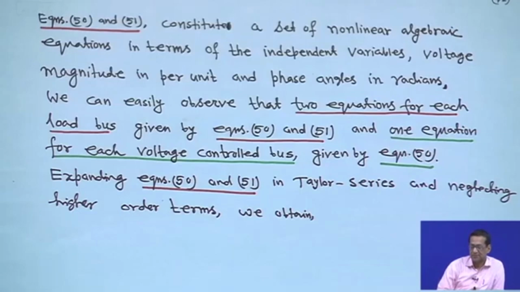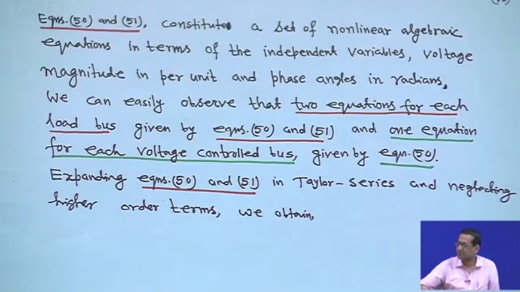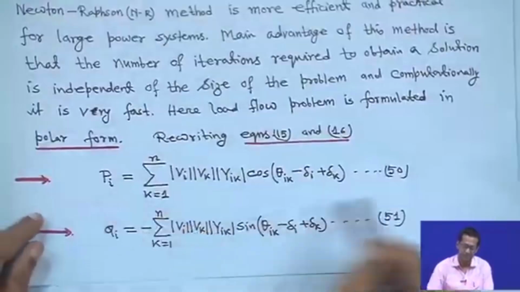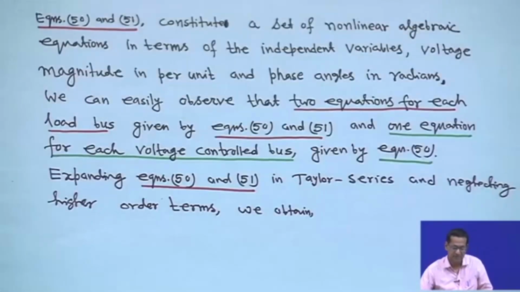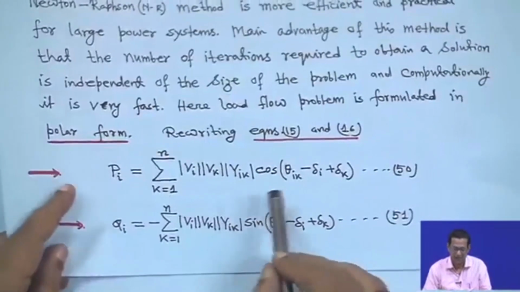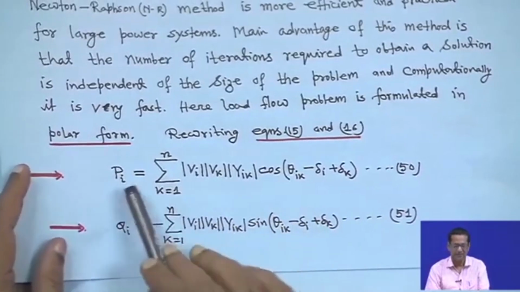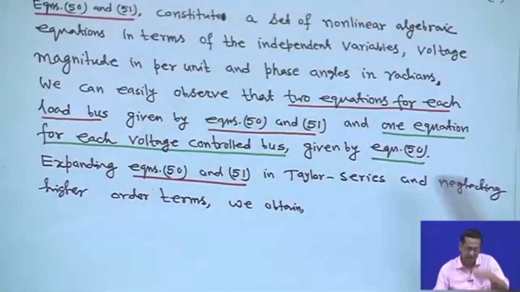We can easily observe that there are two equations for each load bus, given P_i and Q_i by equations 50 and 51, and one equation for each voltage-controlled bus given by equation 50, because if it is a PV bus, the voltage magnitude remains constant and P is known. So, one equation, given by equation 50.